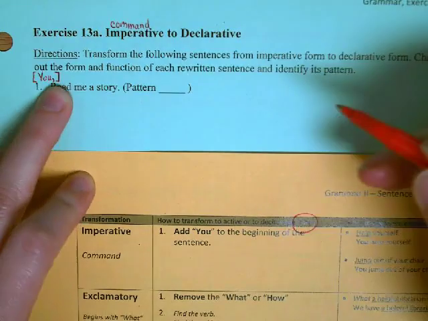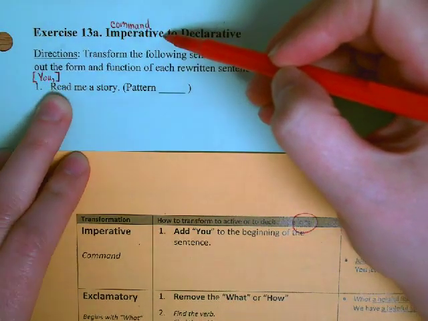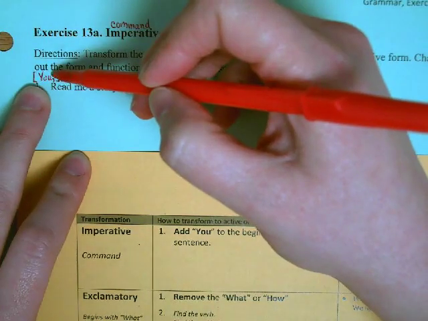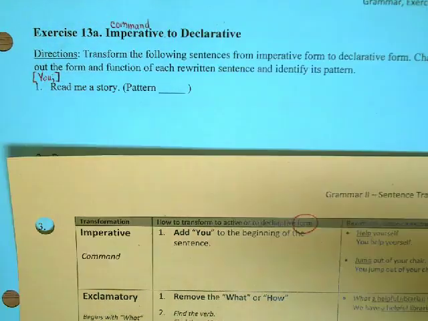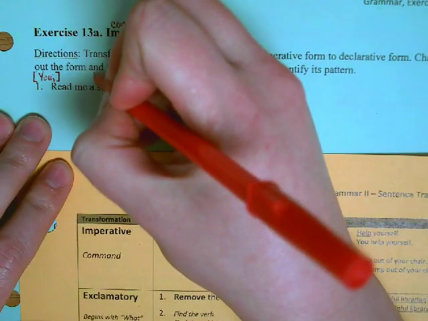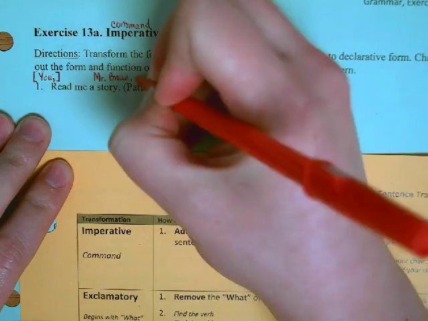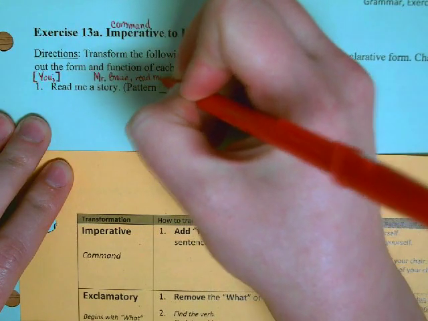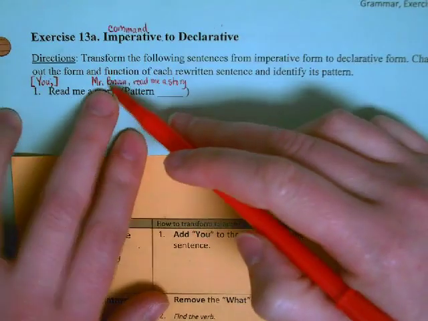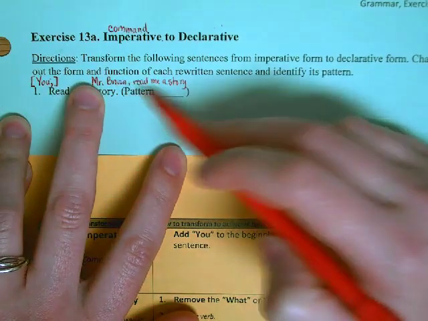Okay, and then there's a comma after the you in the imperative form because you're addressing this command to that implied subject. Okay, every once in a while there'll be a different noun, and so sometimes it'll say, you know, Mr. Brown, comma, read me a story. Okay, so you could have a sentence that had a noun of address, it's called, with a comma after it, that's the subject of that imperative sentence.